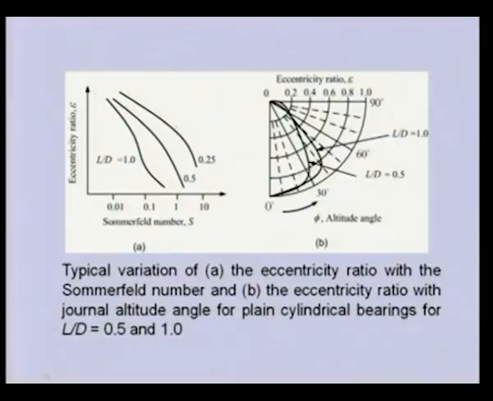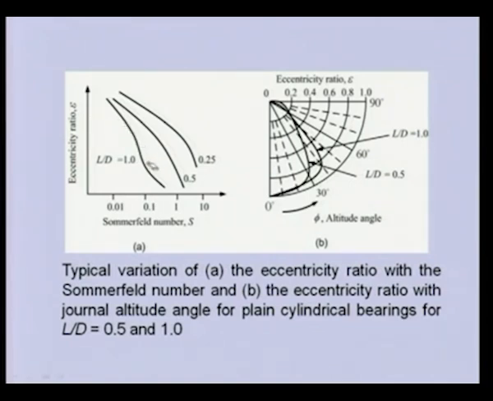In this particular plot, we can see that the Sommerfeld number and the eccentricity ratio variation have been provided for different L by D ratios. For a finite bearing, we can combine this kind of non-dimensional parameter, because if for a particular bearing we can calculate the Sommerfeld number, from there we can predict the eccentricity ratio.